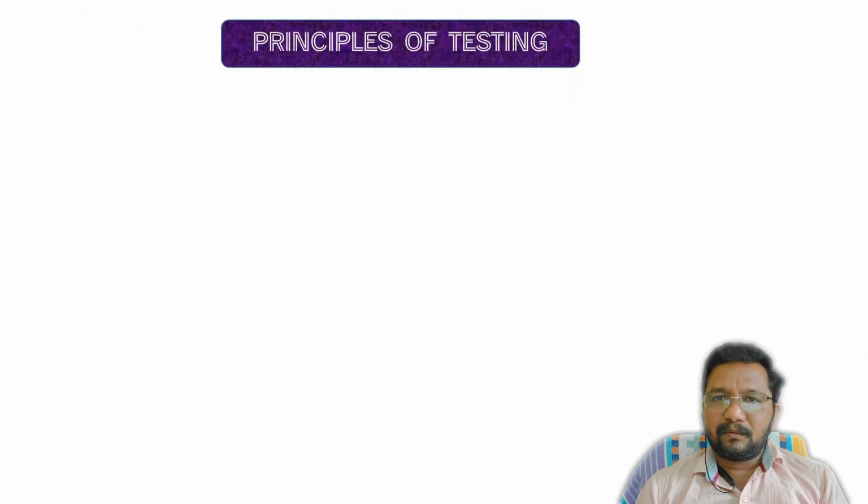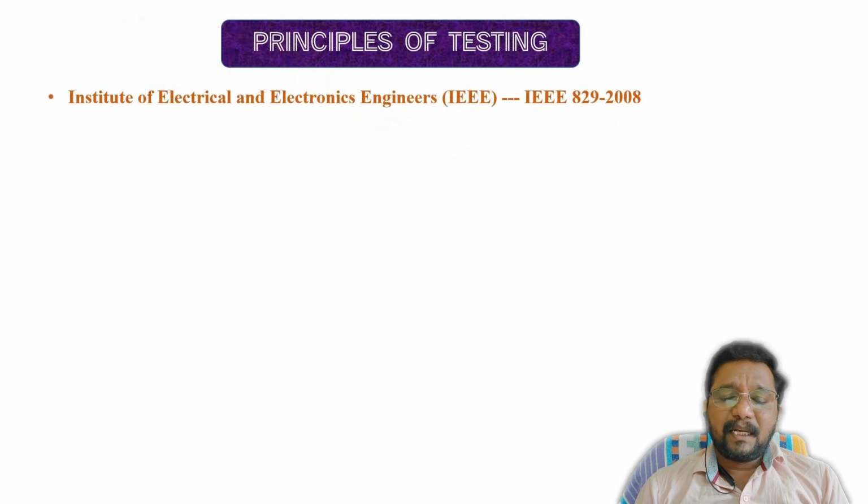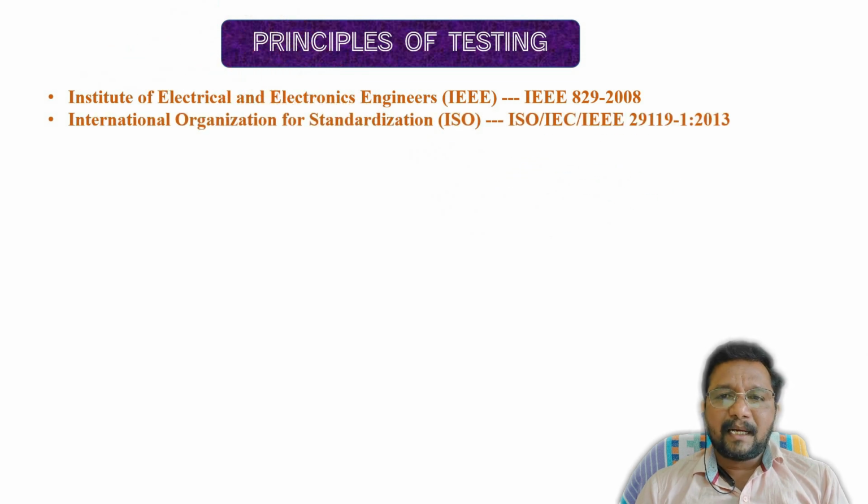The next important thing I would like to share with you as part of this video is the principles of testing. There are two organizations which decide the principles of testing: the first one is IEEE, the second one is ISO. These two non-profit organizations decide the principles and standards for software testing.